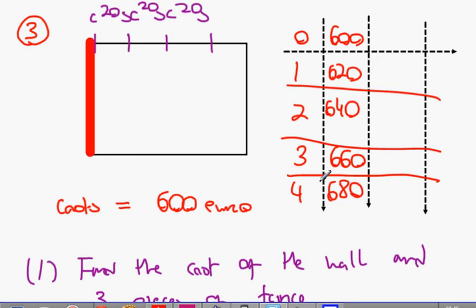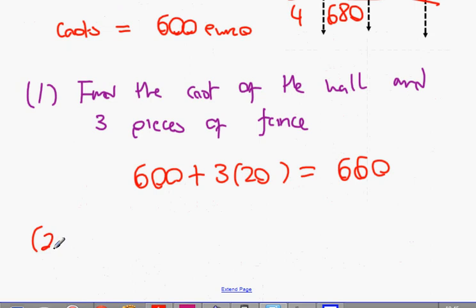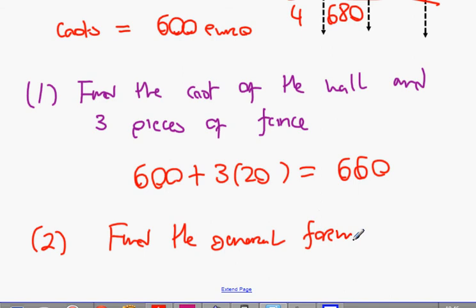This is an arithmetic series. It's going up in 20s, okay? Now, what I can ask you is, find the general formula for the cost of enclosing the farm.